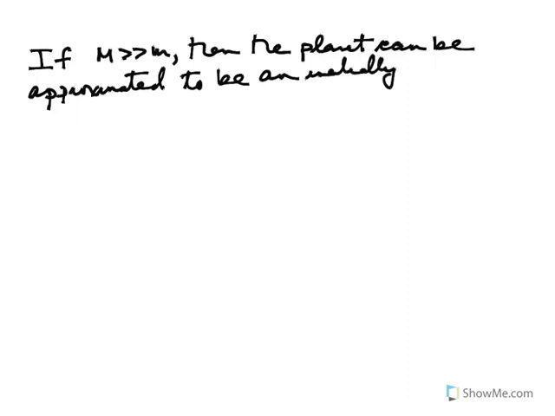That's only true if the planet is much, much larger than the spacecraft in mass. If the planet's not much larger in mass than the spacecraft, then that assumption is not a good assumption.